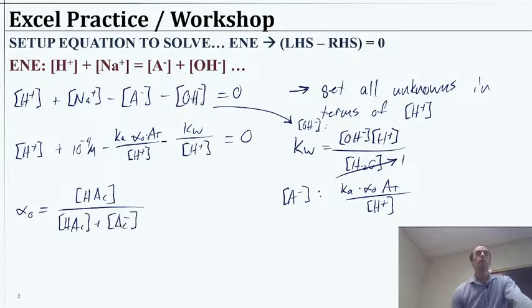Now that currently feels like it's just a bunch of unknowns, right? But I'm going to do our little trick we've looked at a few times. Simplify this down a bit, divide the top and the bottom by the numerator, and say this is going to be the same thing as writing 1 over 1 plus AC minus divided by HAC.